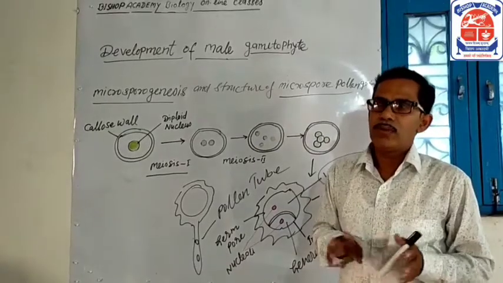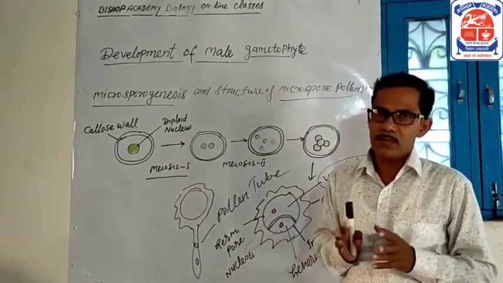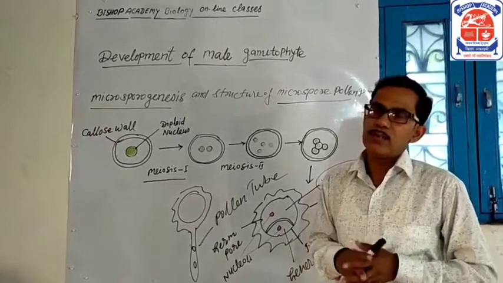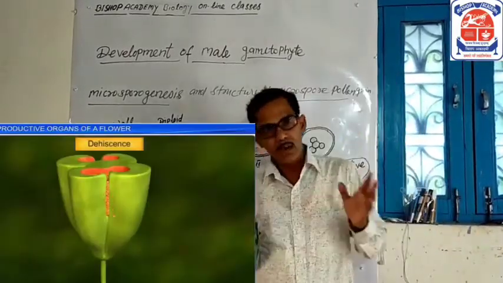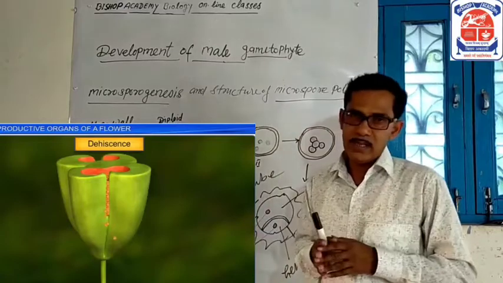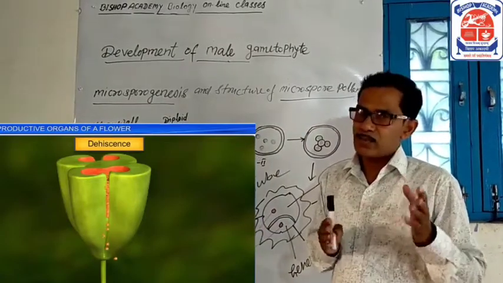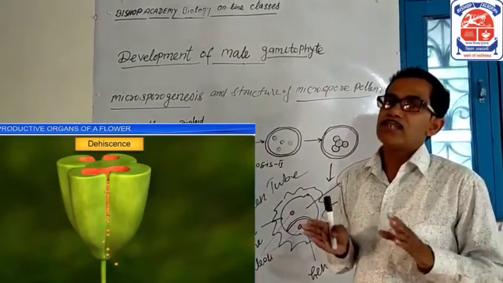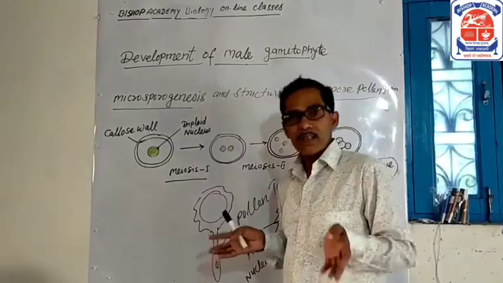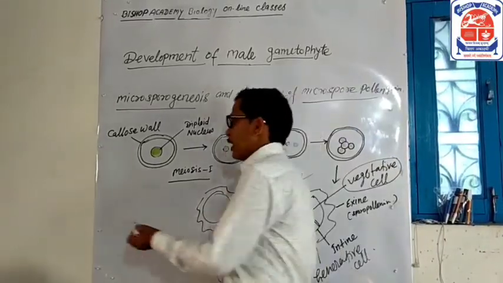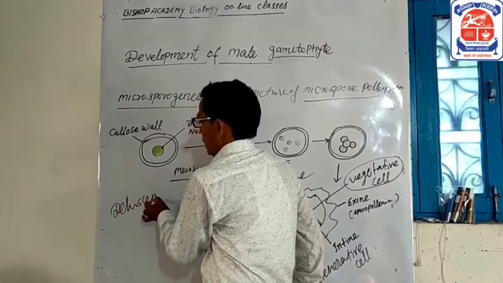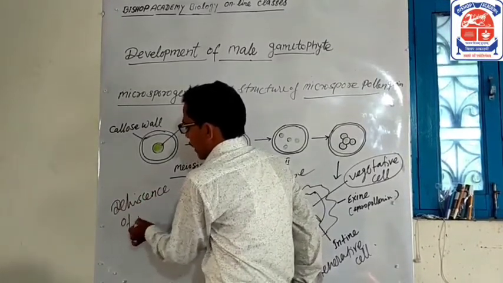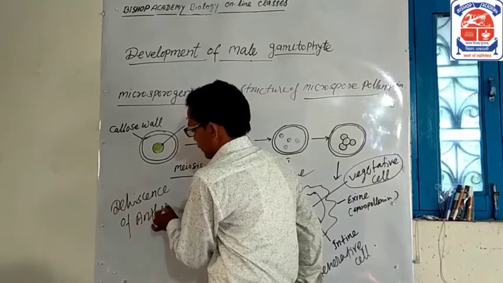Now, when the pollen grains are formed and mature inside the sporangia, they need to be released for pollination. The liberation of pollen grains from the sporangia into the environment is called dehiscence of the anther.